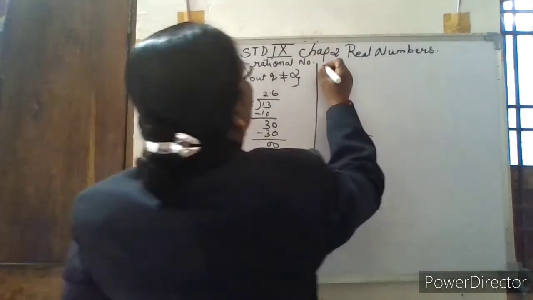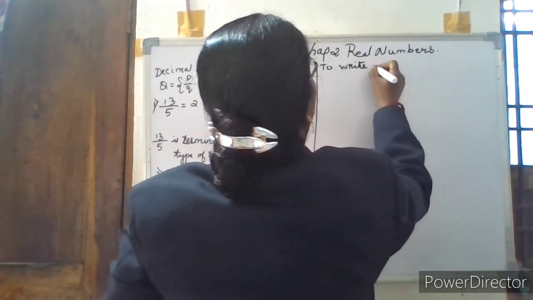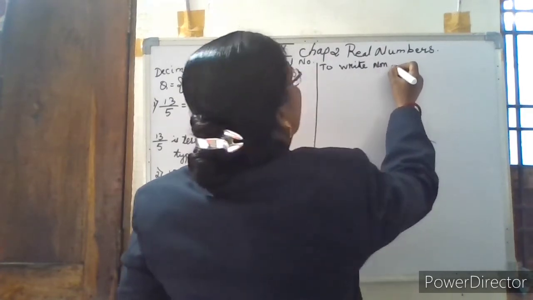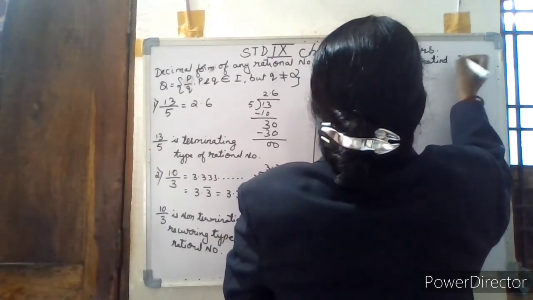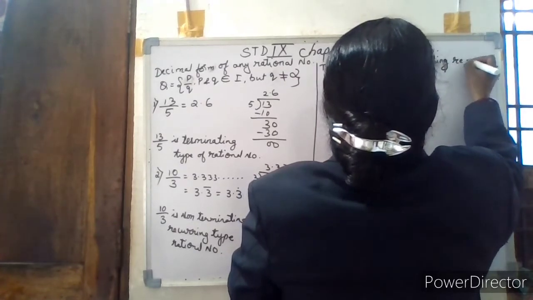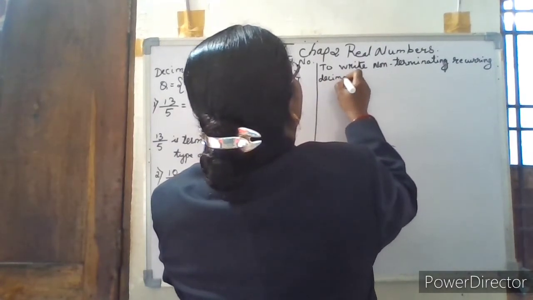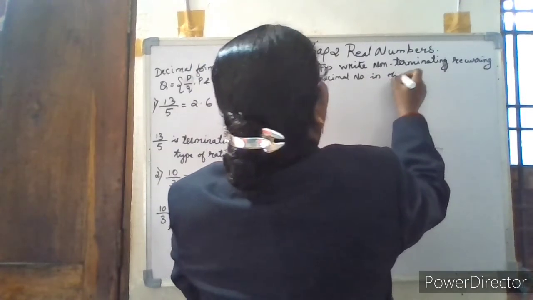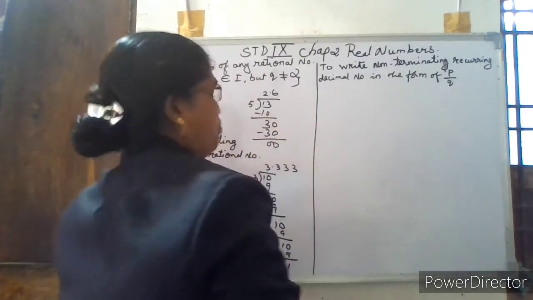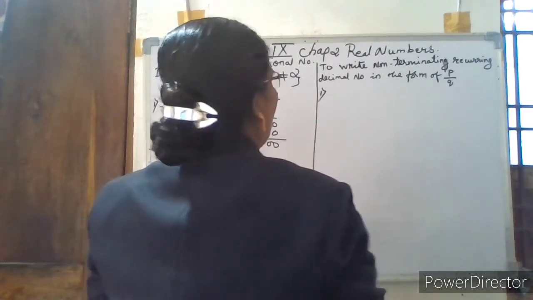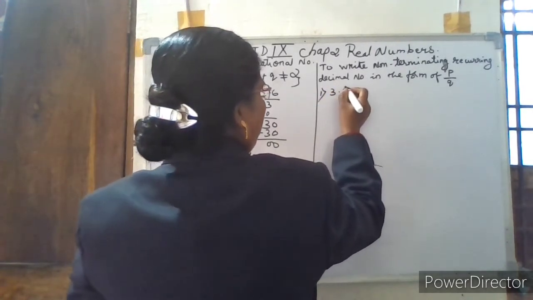Now the topic is to write a non-terminating recurring decimal number in the form of P by Q. Now, example 1, I will take 3.3 bar.